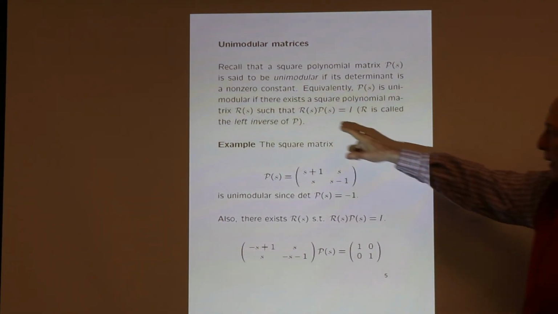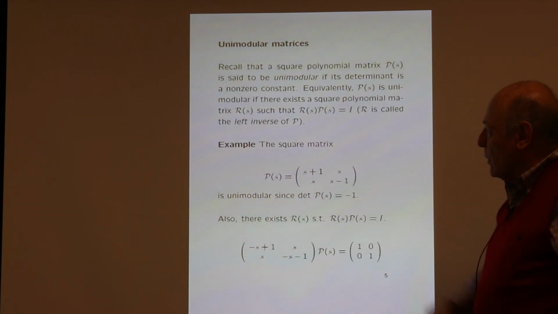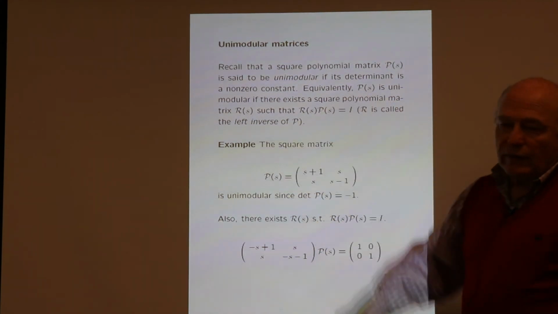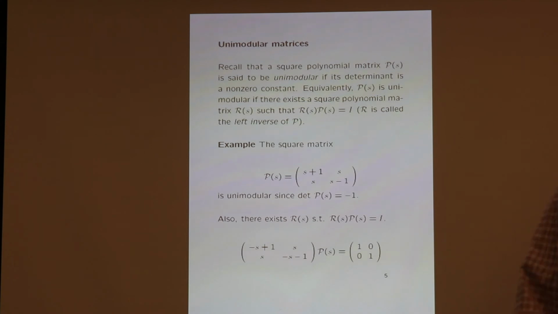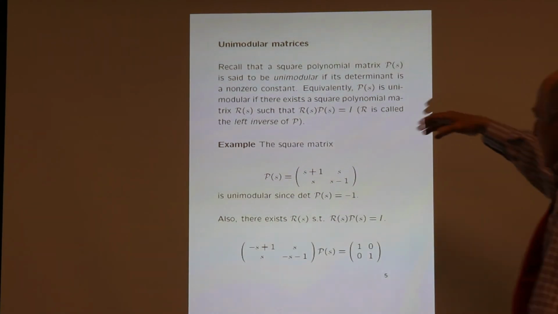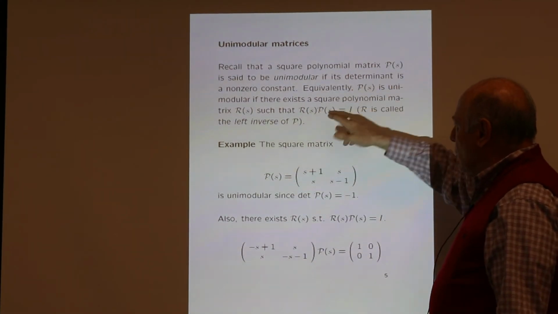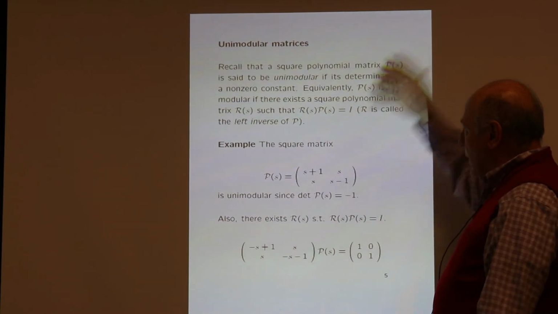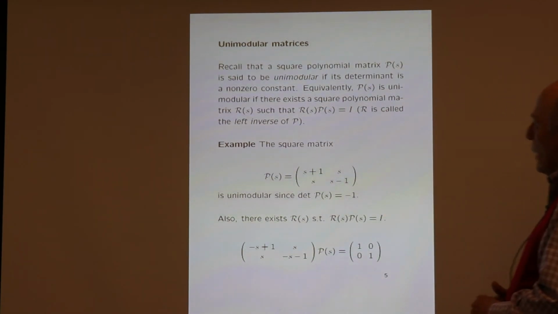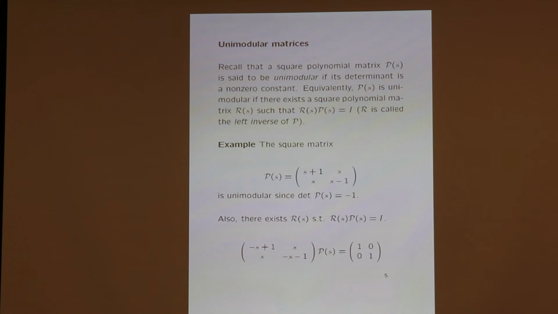In the case of R being an inverse on the left, it is called the left inverse of P. And if R can lead you to obtain the identity by multiplying on the right, R will be called a right inverse of P. But the right or left inverse is also a polynomial matrix.